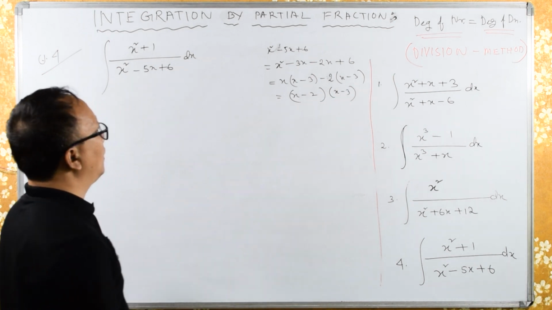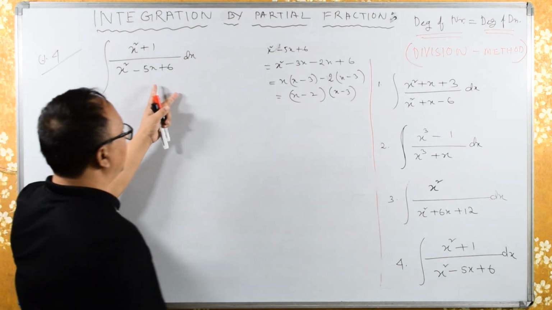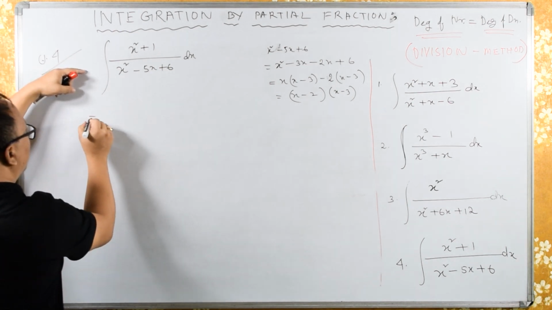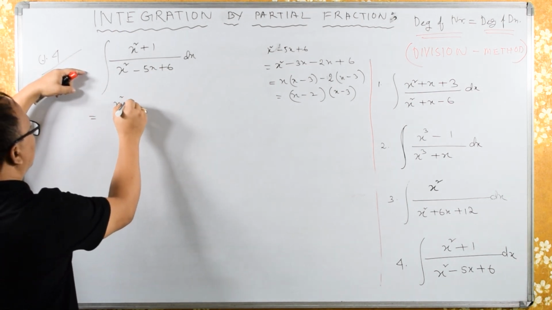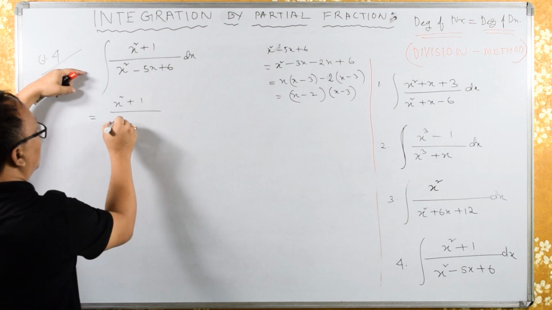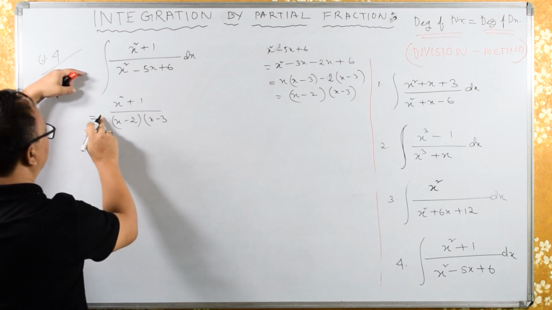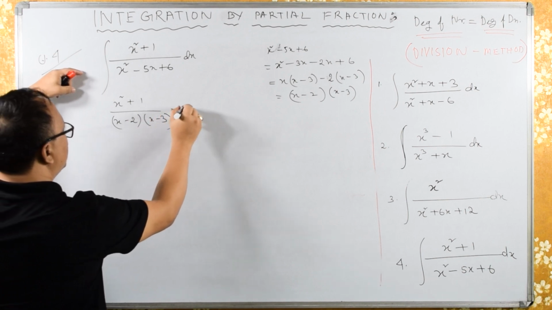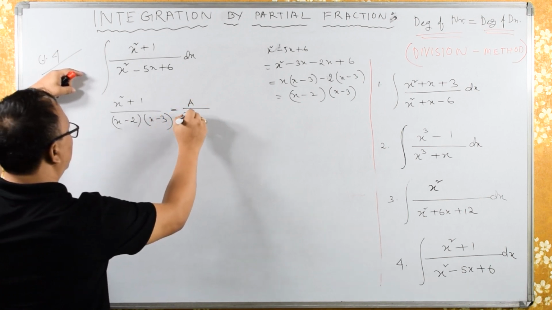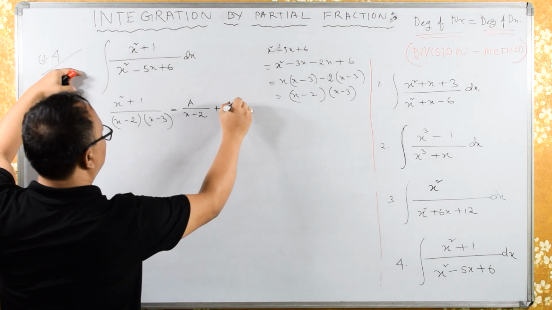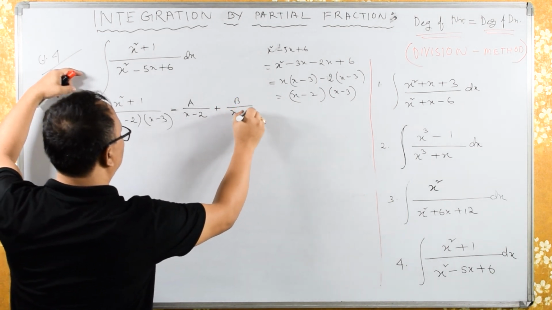Now instead of this, I can write x square plus 1 upon x minus 2, x minus 3. Okay, so this is same as a upon x minus 2 plus b upon x minus 3.